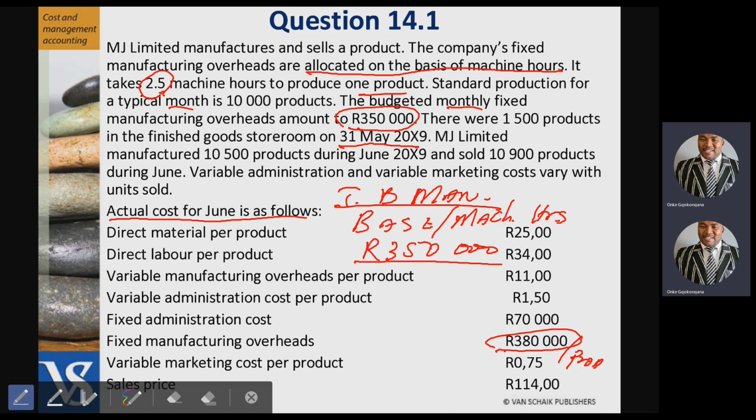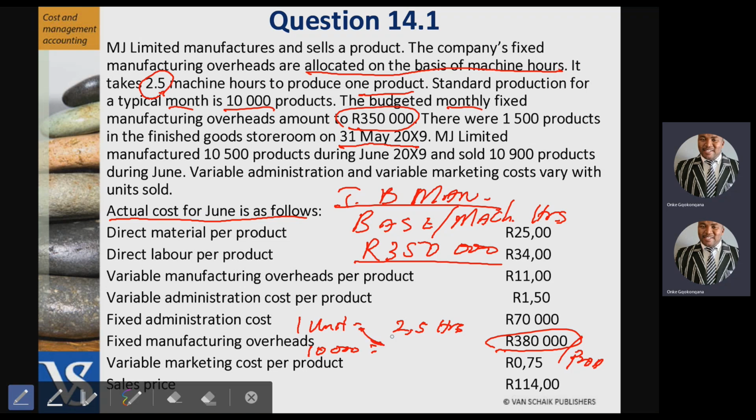That's fair enough. We know that to produce one unit, it takes us 2.5 hours. And now in this case, our units that we produce are 10,000 as per the budget and the standard information. So they gave us 10,000. So if it takes us 2.5 hours to produce one unit, and our standard production is 10,000, the question is how many hours?